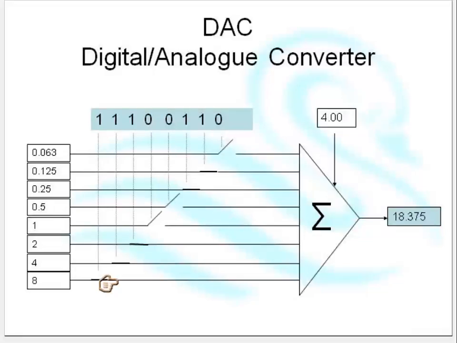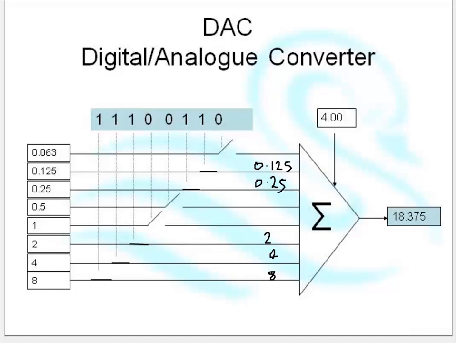So now, what my summation op-amp does is it adds all of the signals coming in. So what I've got is 8 on that one, 4 on that one, 2 on that one, 0.25 on that one, and 0.125 on that one.